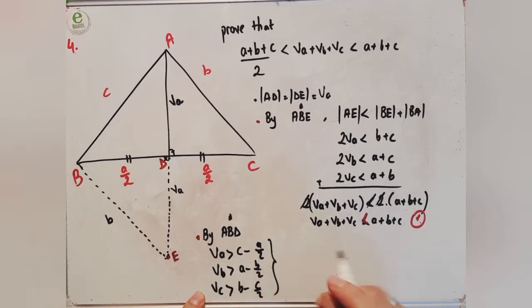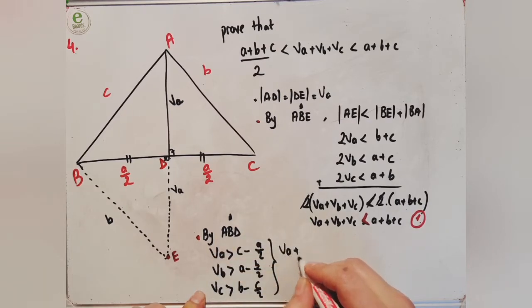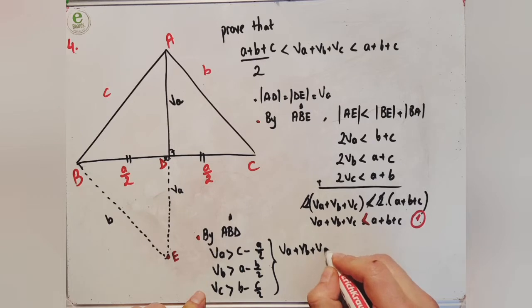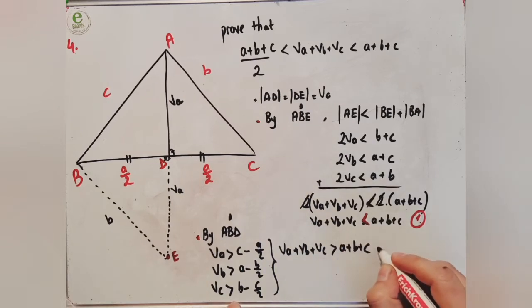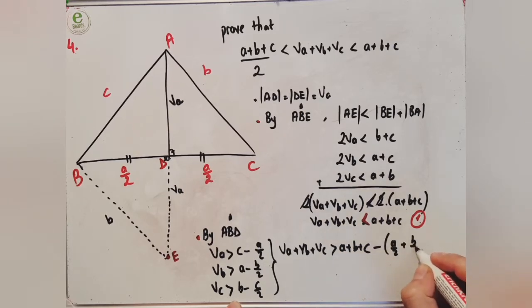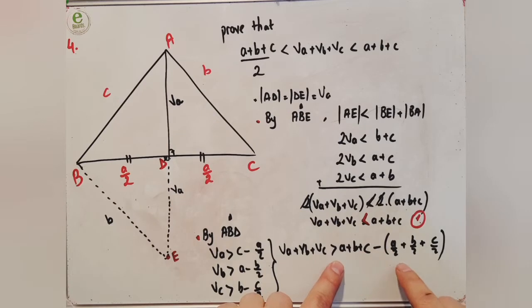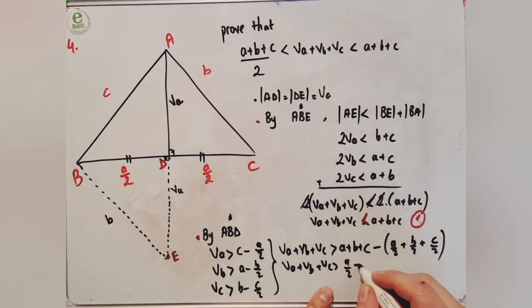It's the same. VB is greater than A minus B over 2 and VC is greater than B minus C over 2. When we add them up, we will have VA plus VB plus VC is greater than A plus B plus C minus (A over 2 plus B over 2 plus C over 2). And A minus A over 2 is A over 2, so we get A over 2 plus B over 2 plus C over 2.